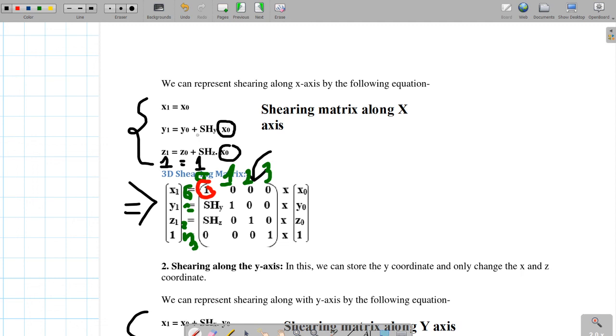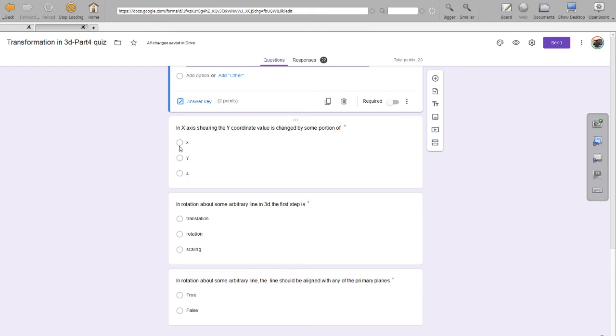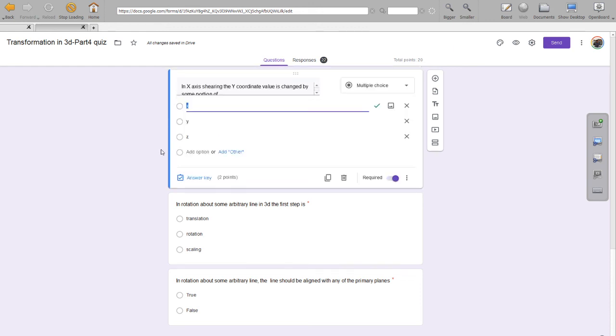Along y-axis you have added y0 to the scaled value of x0 multiplied with shy, and for z coordinate x0 has been multiplied with shz. So the correct option is the first option, that is x.